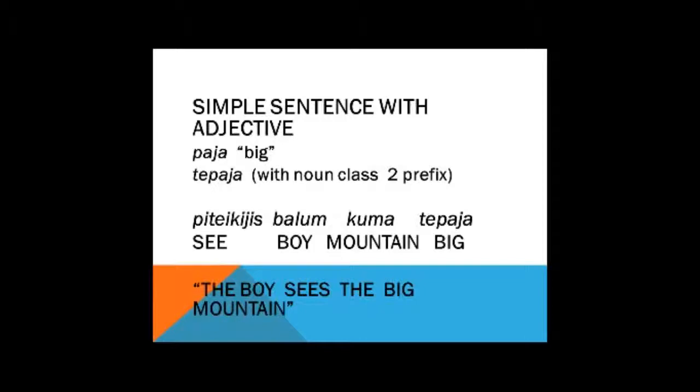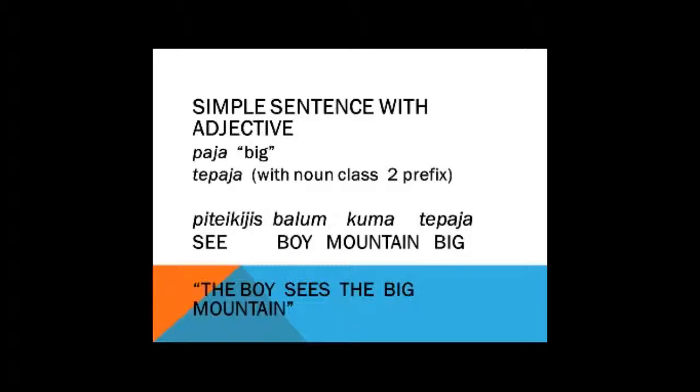Okay, so we're just going to elaborate the sentence a little bit and throw an adjective in. In the previous lesson, I introduced adjectives, and the adjective big, or whatever the adjective is, it will take again a noun class agreement prefix that agrees with the noun it's describing. And so if you're going to say big mountain, it's going to come out as kuma ciepaya.